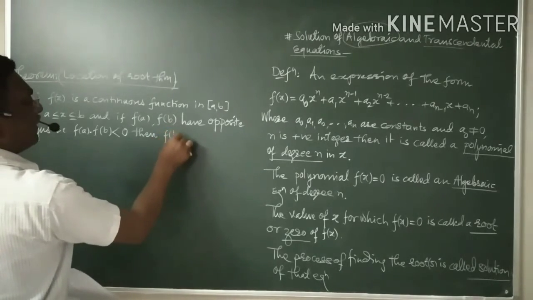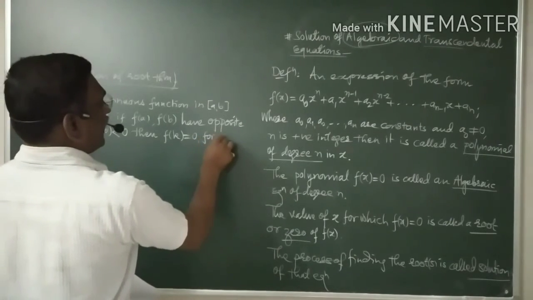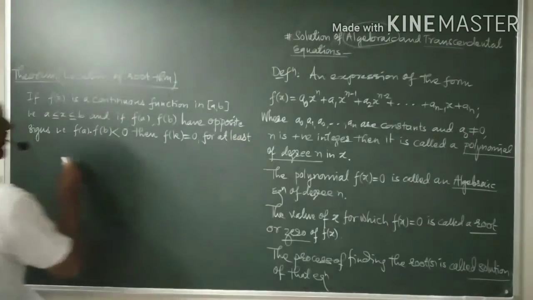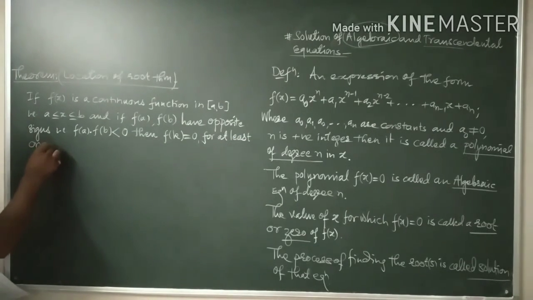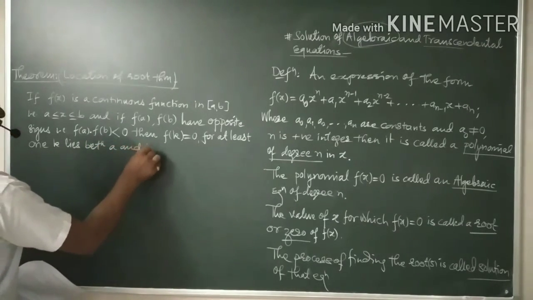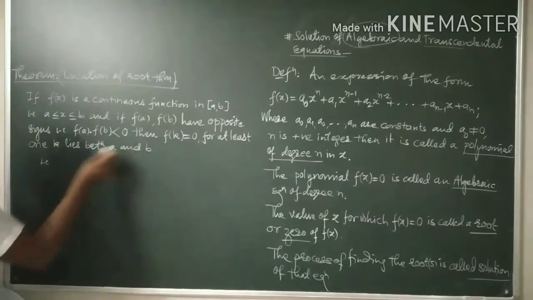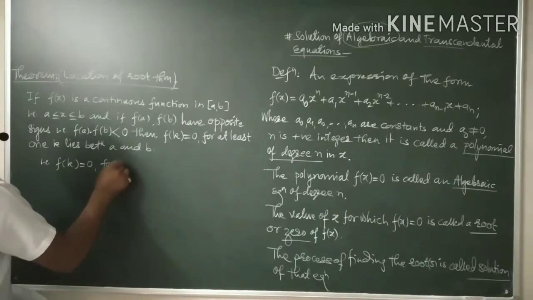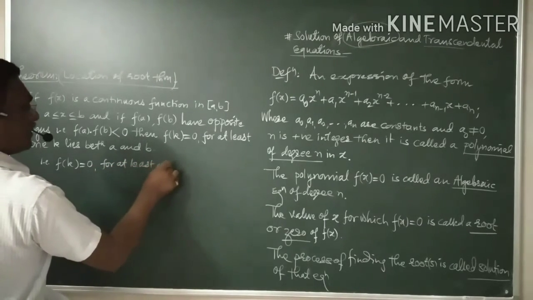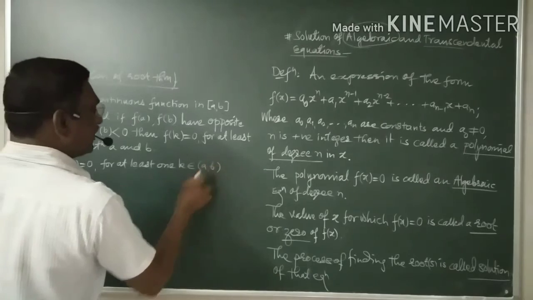Then f(k) is equal to 0 for at least one k which lies between A and B. That is, f(k) is equal to 0 for at least one k belonging to the open interval (A, B).